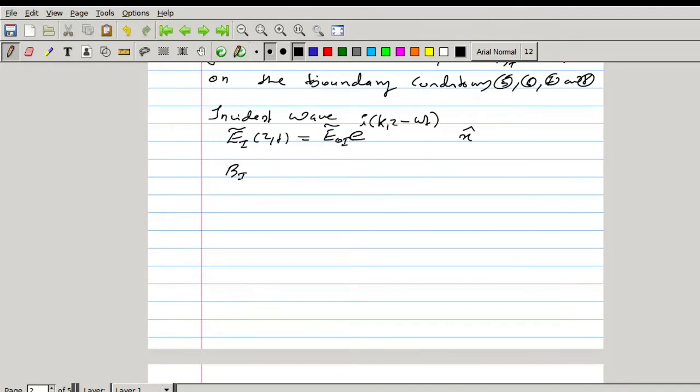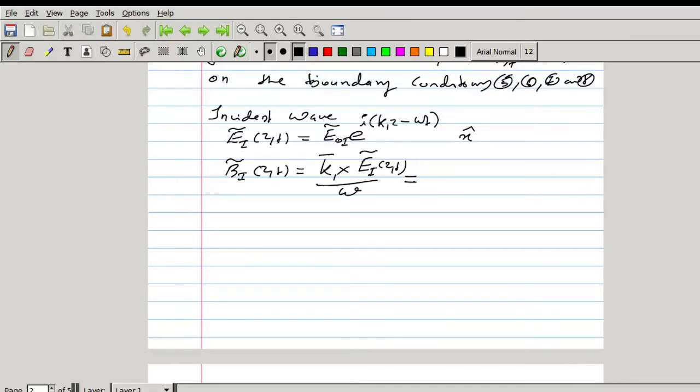The magnetic field vector BI is K cross E by omega, where K is K1 and E is EI.